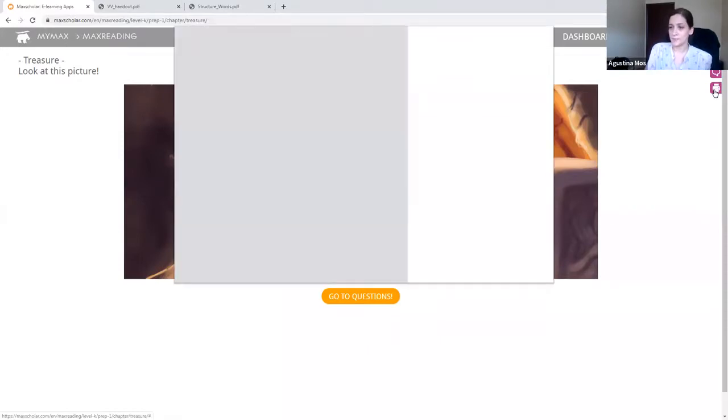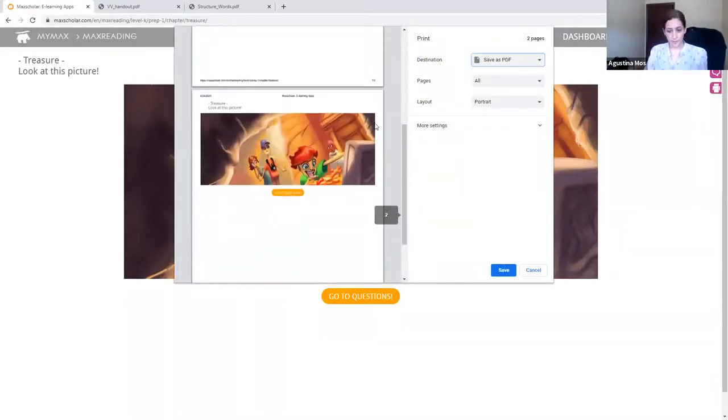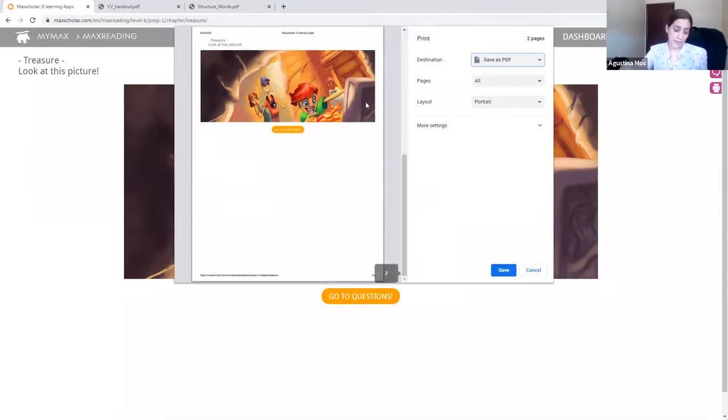When you hit print, usually you have a destination showing up with the name of a printer. But if you click on that, you can save as a PDF, and then the picture will be right there. So you can save the document and then email that. And then also you could print it out and work from that at home.